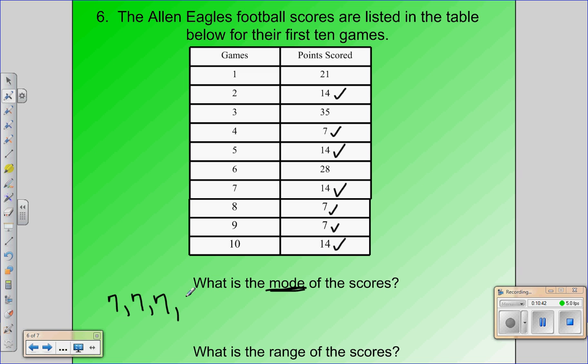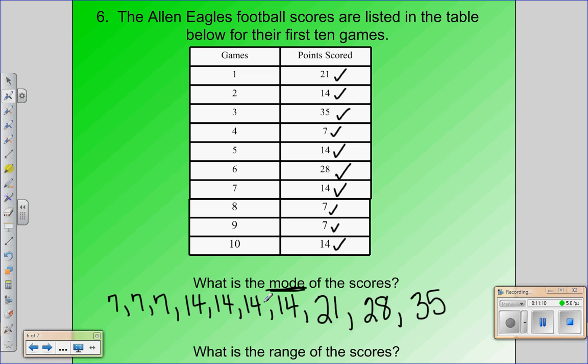I have 4 14s, so let's write them here. 14, 14, 14, and 14. My next number that comes next in order from least to greatest is going to be 21. So I'm going to write 21 here. And then I have a 28. And then I have a 35.